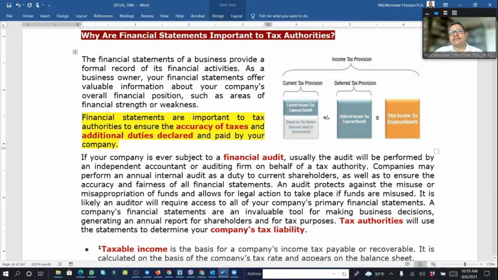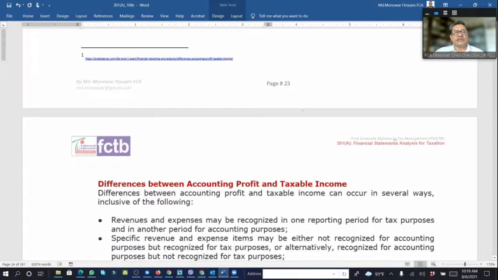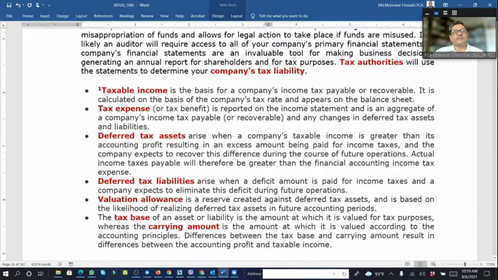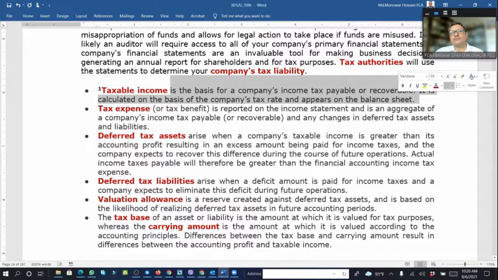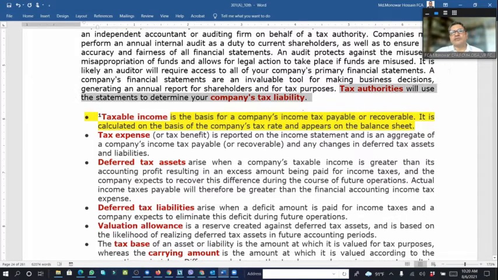So here is the tax provision side. Taxable income, tax expense, deferred tax, we will discuss also. Difference between accounting and tax. If you see here, taxable income. Tax authority will use the statement to determine the company's tax liability.